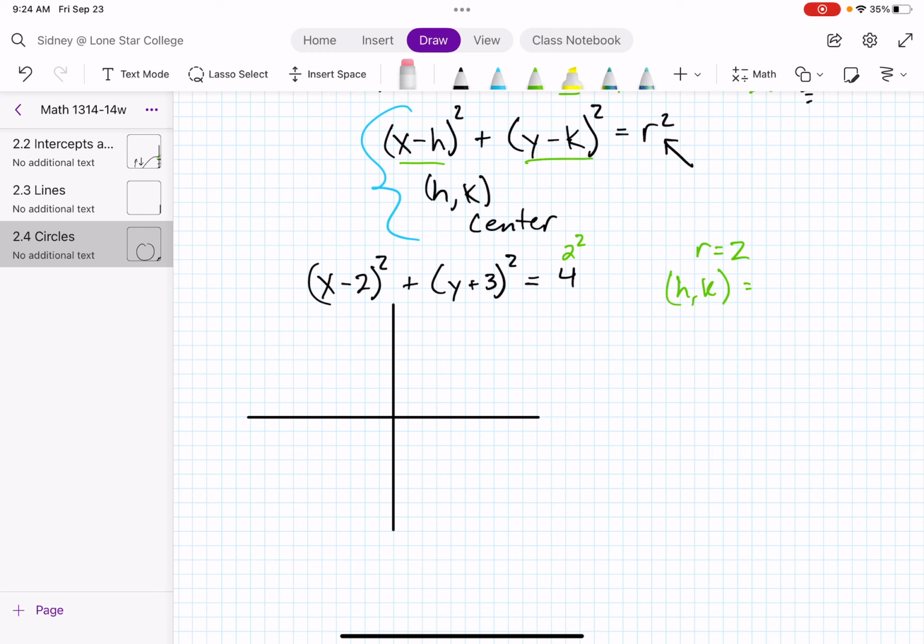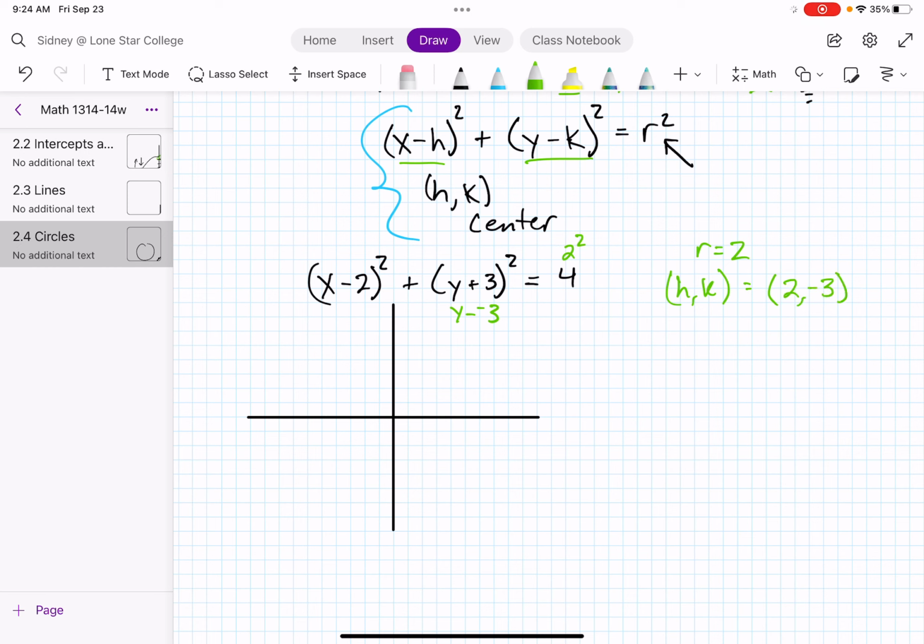Now this may cause some confusion because this doesn't say minus anything, it says plus. This is actually y minus negative 3. It was simplified. Y minus negative 3 is similar to how 2 squared was simplified to be 4. Y plus 3 is actually y minus negative 3. So in this case, the center of this circle is at the point 2, comma, negative 3.